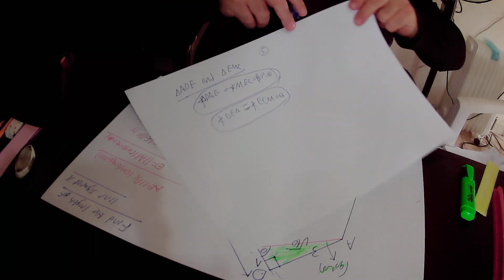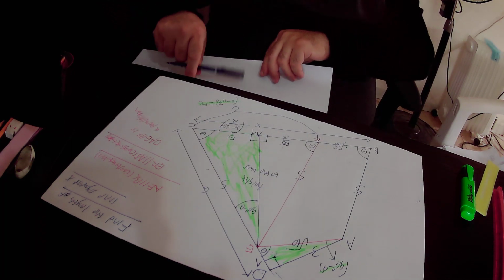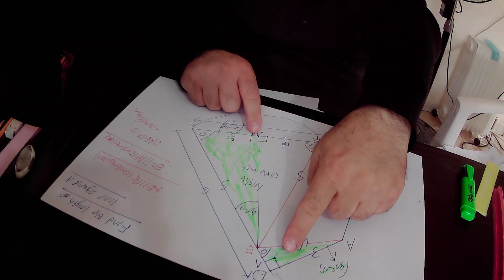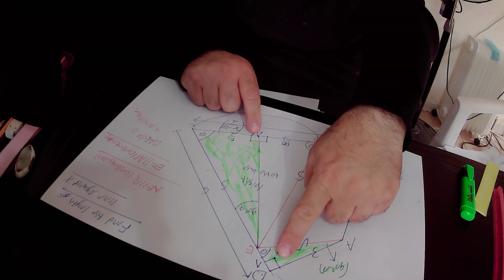And finally, we have those two angles that are both equal to 90 degrees, therefore they are equal to each other.